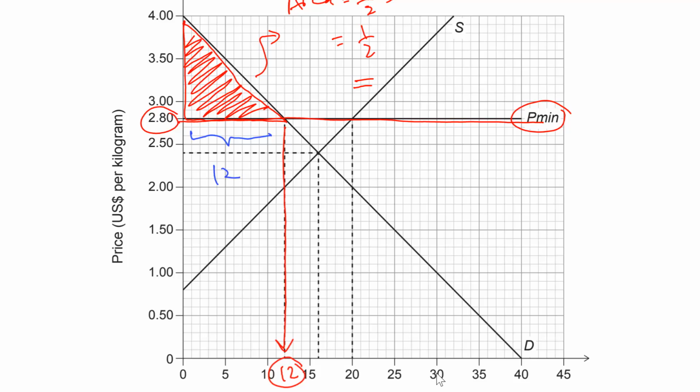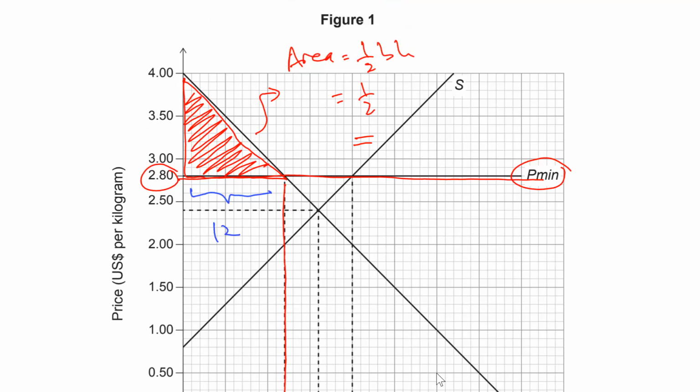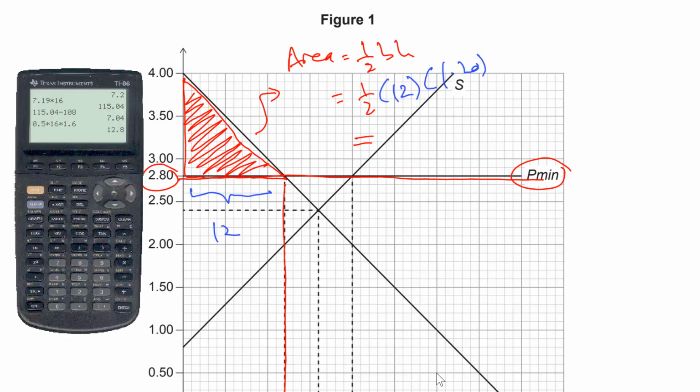And the vertical height of this triangle is now going to be 4 minus 2.8, which is like $1.20 if I'm not mistaken. So you can see the price floor has the effect of shrinking the base to 12 and the height to $1.20. Now we do the same calculation. We go 0.5 times 12 times $1.20, and that's going to give us a consumer surplus of 7.2.